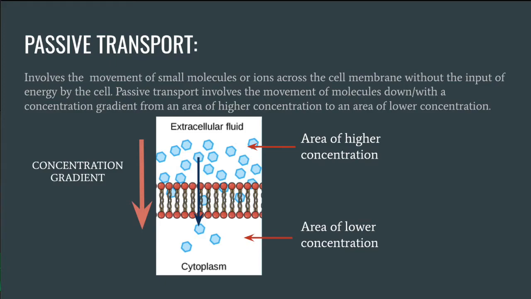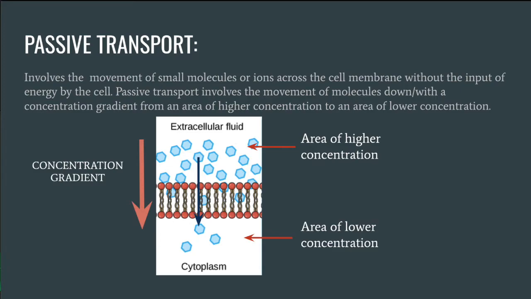Now that we have established what a concentration gradient is, we can compare the difference between passive transport as well as active transport. So passive transport is just going to involve the movement of these small molecules across the cell membrane without the input of any energy.